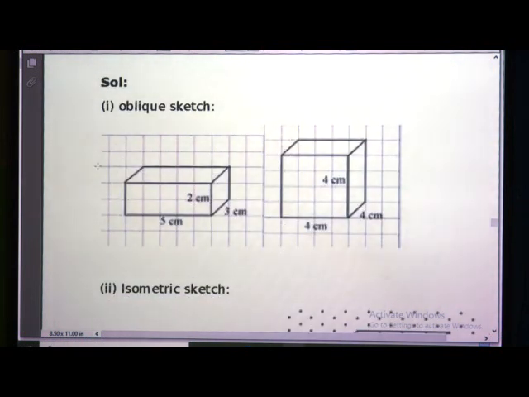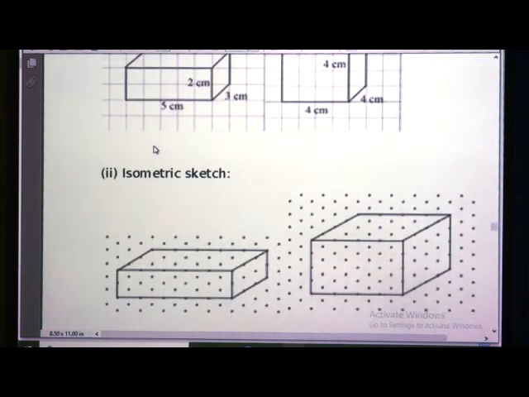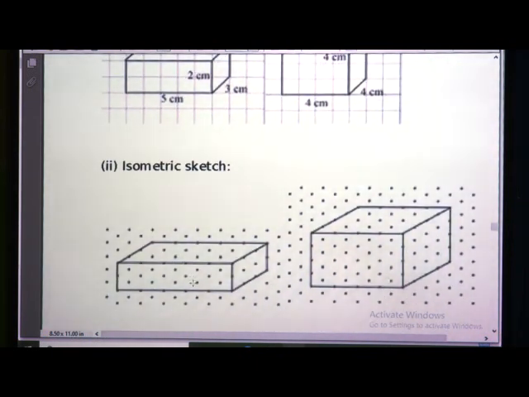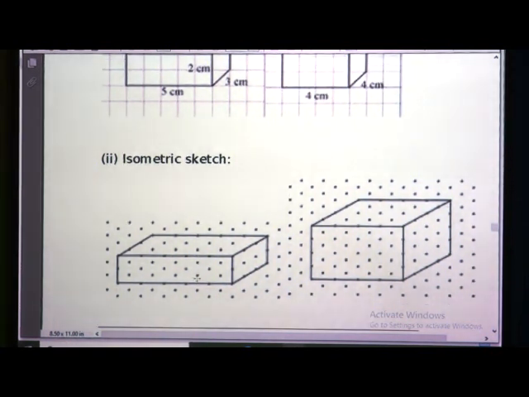On oblique sketches it will look like this, and the isometric sketch of this will also be similar. But what is the difference between an oblique sketch and an isometric sketch? You know it: we can't show all the given dimensions on oblique sketches, but we can show all the required dimensions on the isometric sketch.